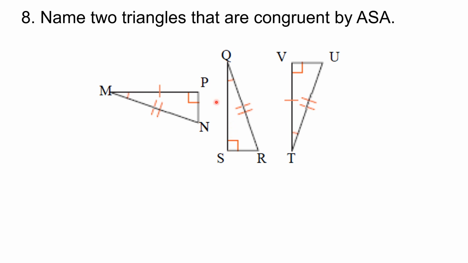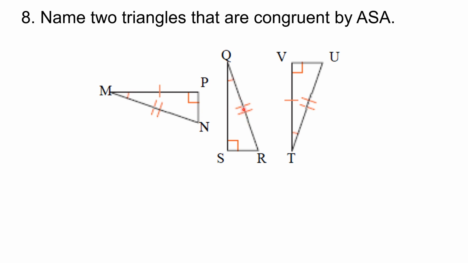So right off the bat, we know that the triangle on the left is not going to be congruent to the triangle in the middle. This one's got only 1 side labeled, this one's got 2 sides labeled. So we can automatically figure out that the left triangle is not congruent to the middle triangle.